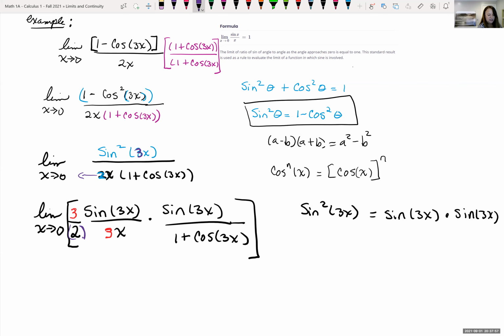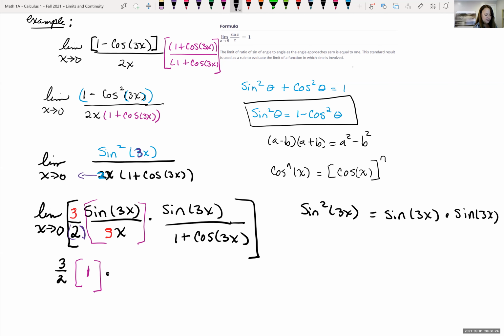And so now if I look at the limit of each product, the limit of a constant 3/2 is just 3/2. If I look at the limit of sine of 3x over 3x as x approaches 0, we know that one is 1. We just manipulated that, times, so as long as we don't get 0 over 0, we're good.